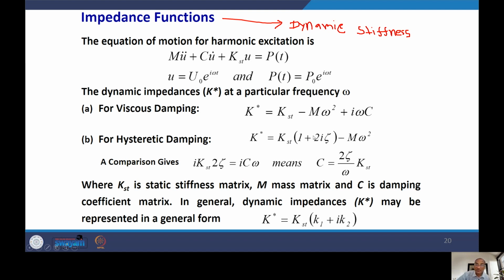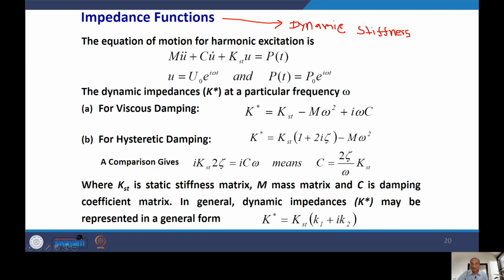Now, if you compare the two forms of the equation, one for viscous damping and another for hysteretic damping, you can find that i k_st 2ζ, which is coming from this equation, should be equal to i c ω.